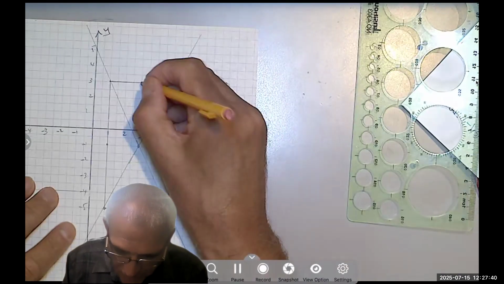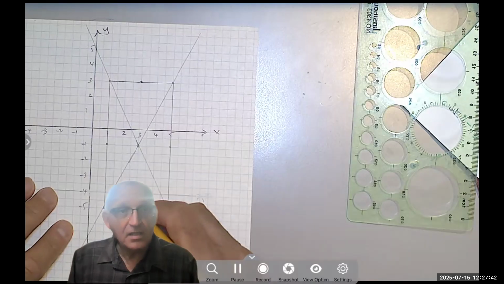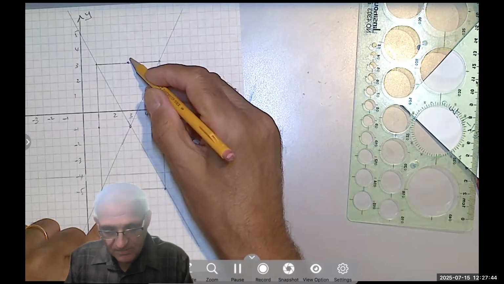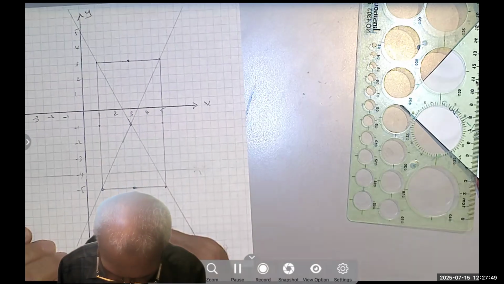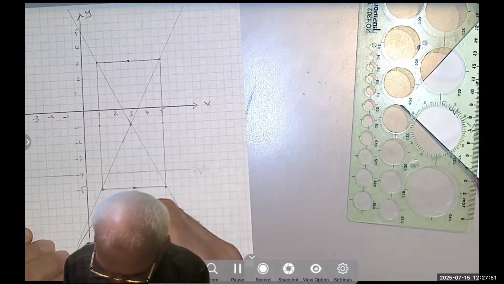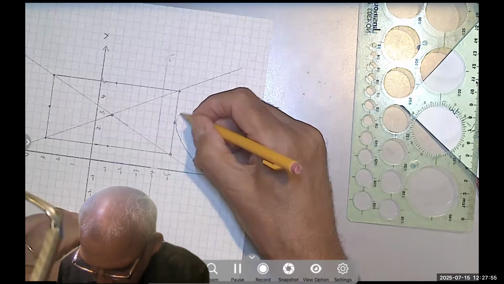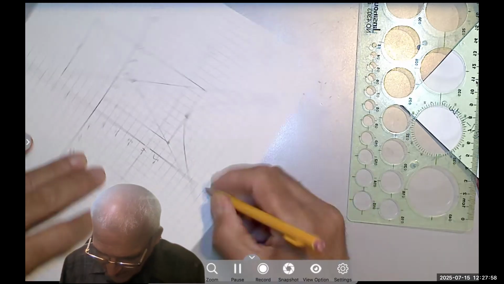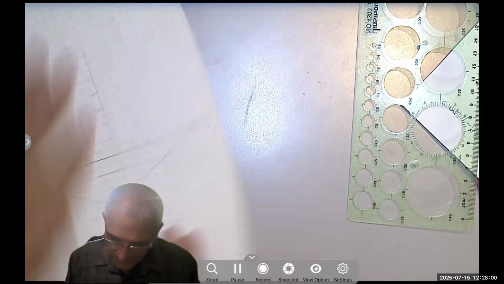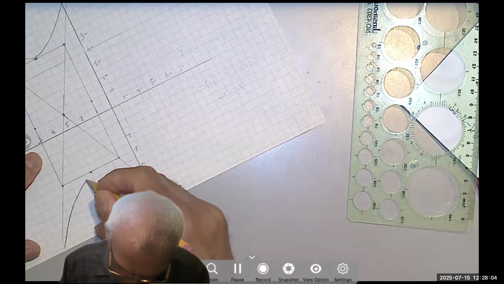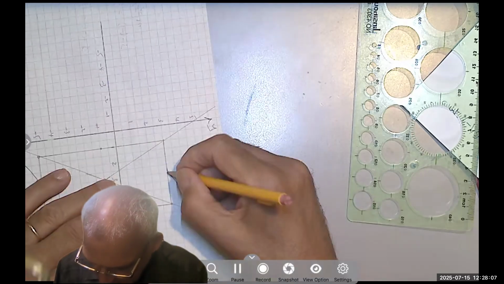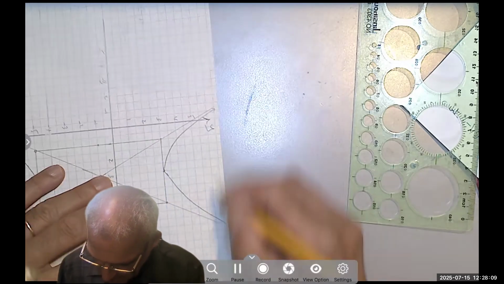Okay, do you see that it's opening up and down, passing through these two points, but asymptotic to these two lines? So it would be more acute here. It turns quicker than the other one, right? Its eccentricity is higher than the previous example. Same thing here. You go touch here and do it like that.